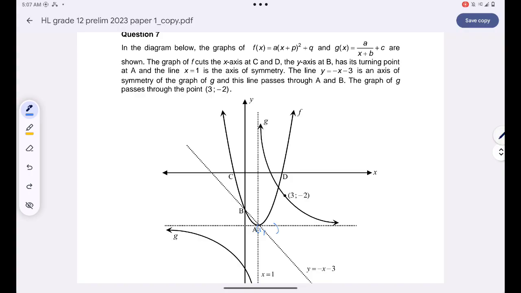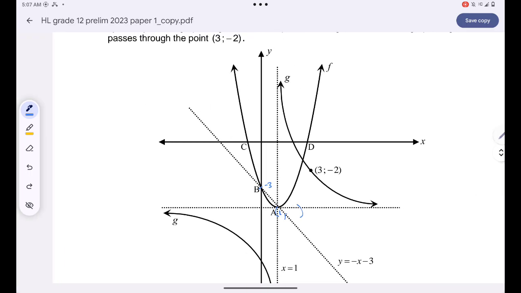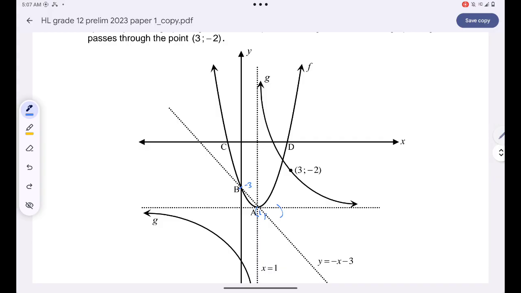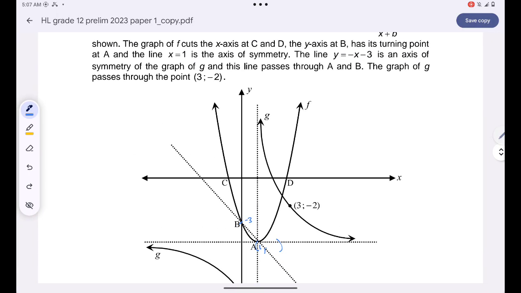Are you together, guys? So I can conclude that the y value at B is just -3. So I now know the coordinates of B. x is 0 because B is on the y-axis, and the corresponding y value will be -3. Okay, and then the graph of g passes through the point (3; -2).